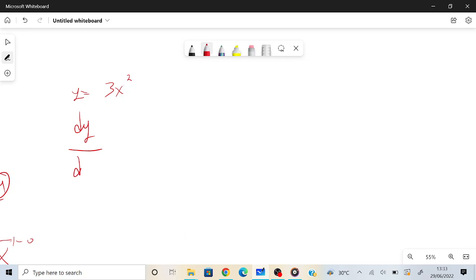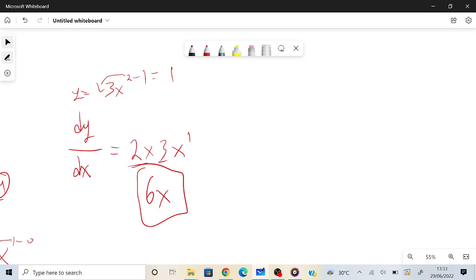So dy dx is simply your 2 comes in front, so you now have 2 times 3x to the power of 2 minus 1, which is 1. We know 2 times 3 is 6, so this becomes 6x to the power of 1, and since it is to the power of 1, we do not need to write that 1. And that is your final answer for that question.